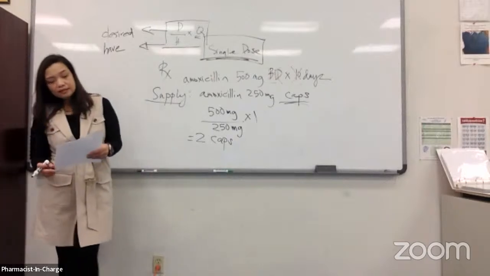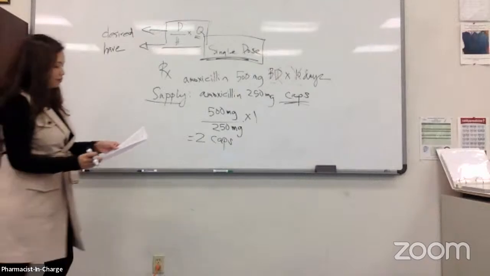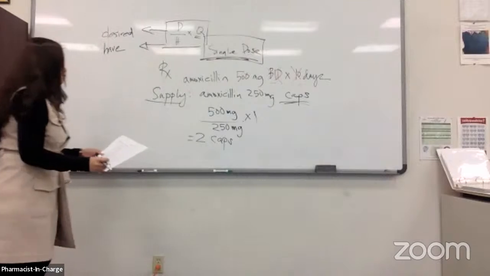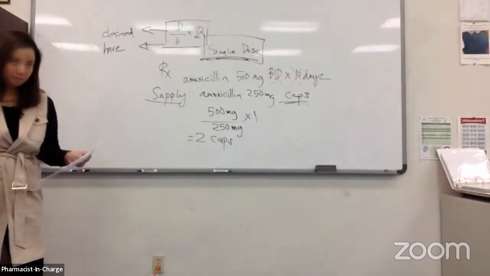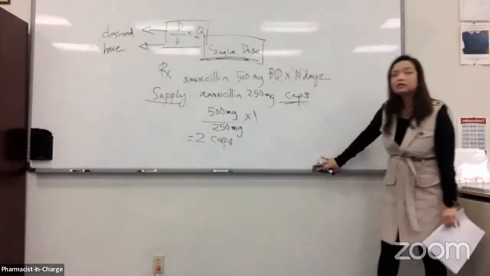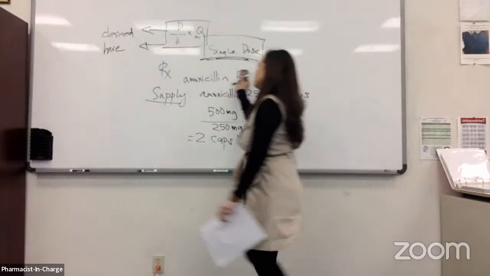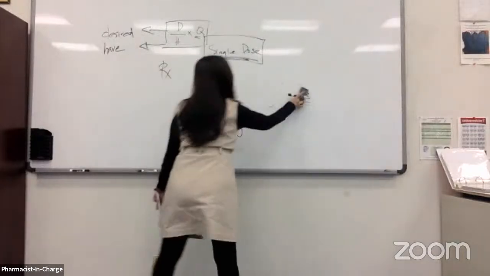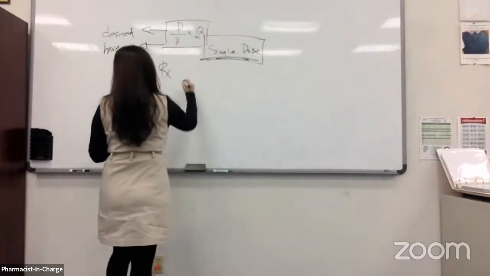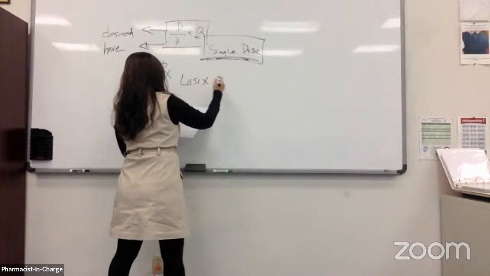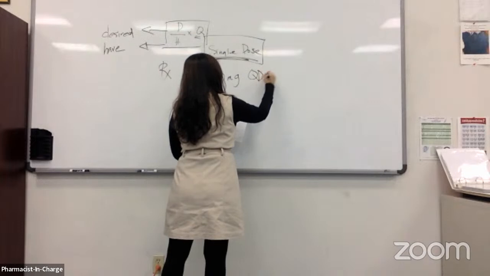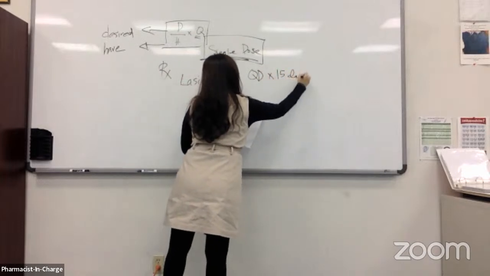Okay. Next one, I'd like you to jump on number 5. Still single dose, because number 5 is liquid. This is when I say it makes more sense to use ratio and proportion. Prescription number 5, Lasix, 60 milligrams QD times 15 days.